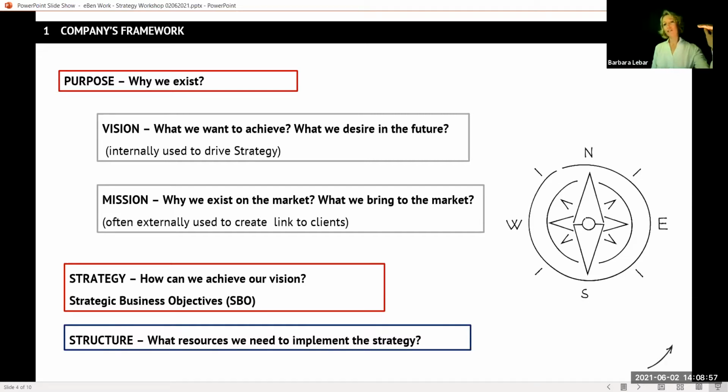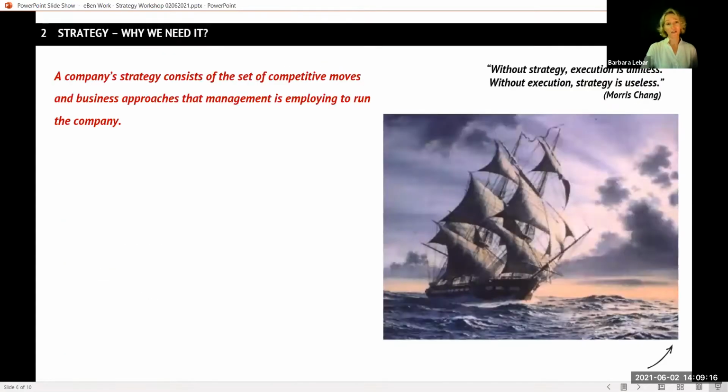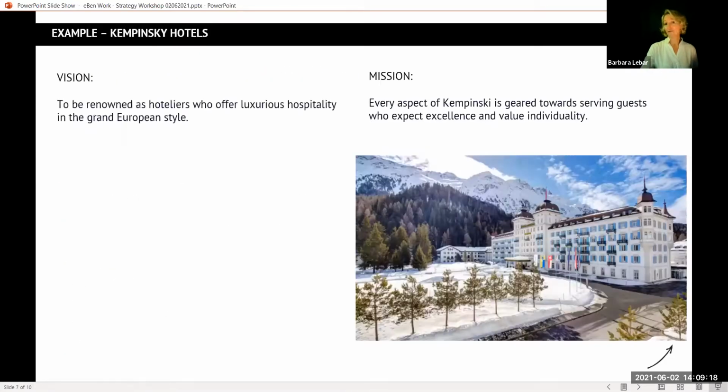It's just if we don't identify the purpose itself, then the vision is going to show the final goal, what we desire in the future, and the mission, how we are delivering this to the market. But you are very right, Mariam, that in many cases, if you look at them, they will be very, very similar.